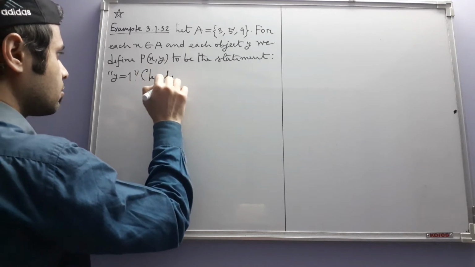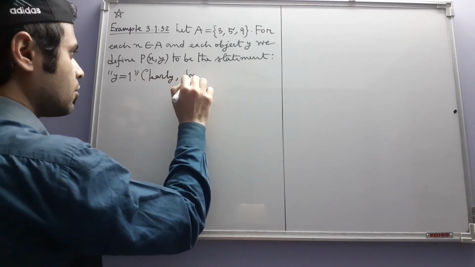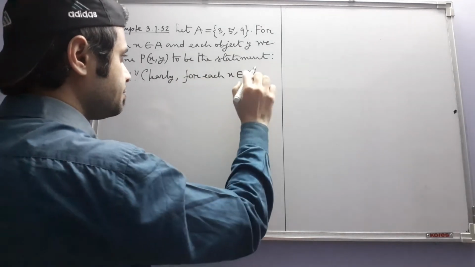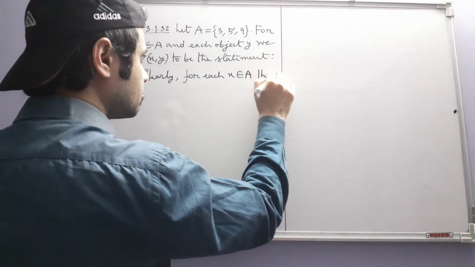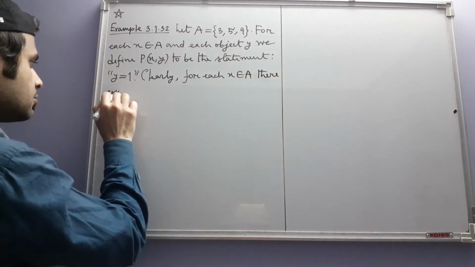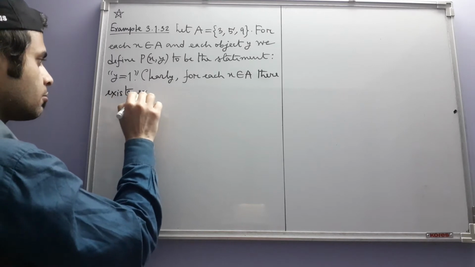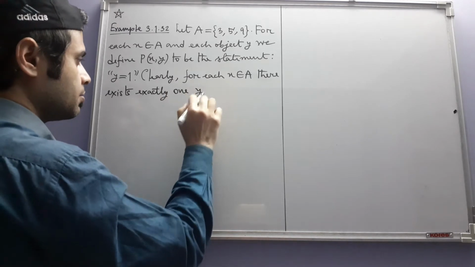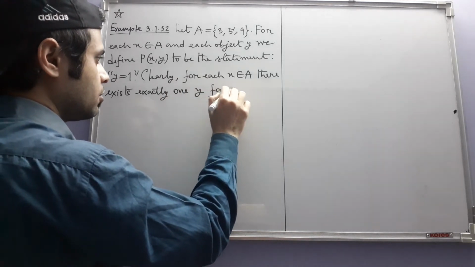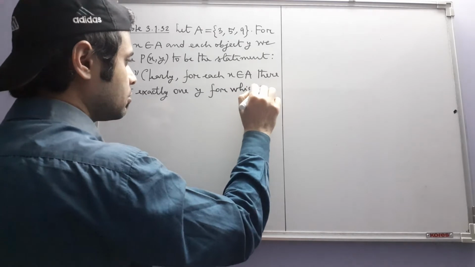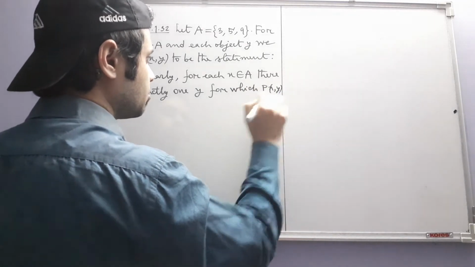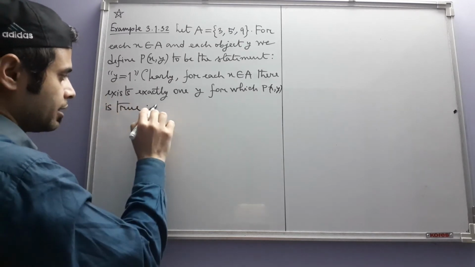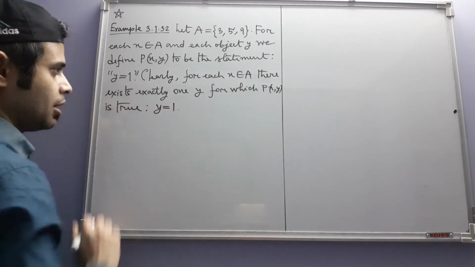Clearly, for each x belonging to A, there exists exactly one y for which p of x comma y is true, and that y is equal to 1.